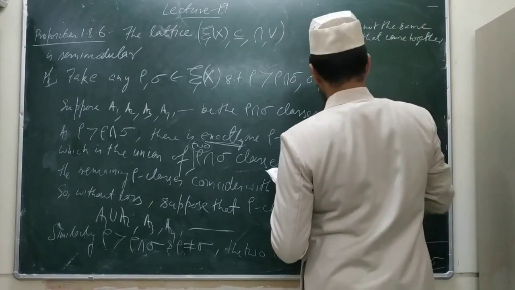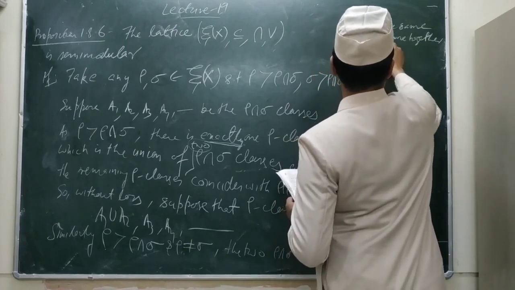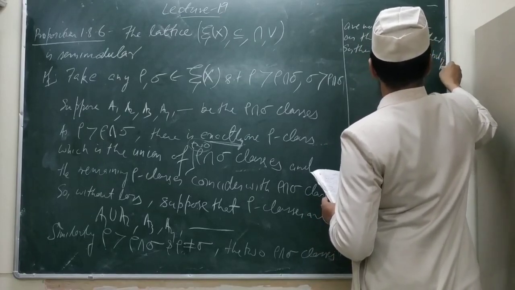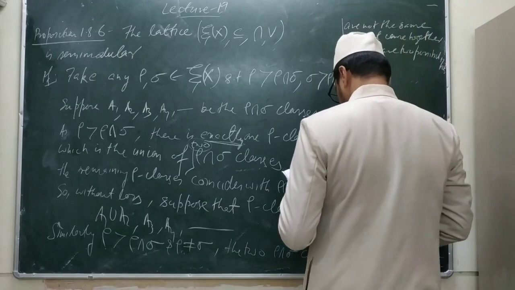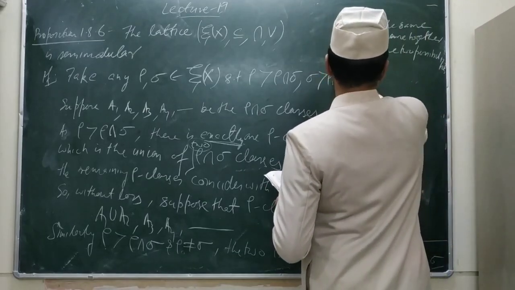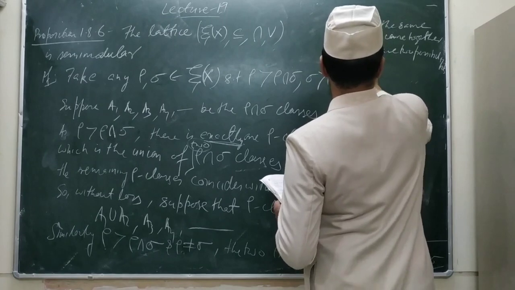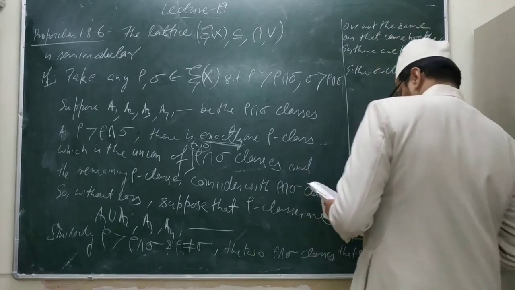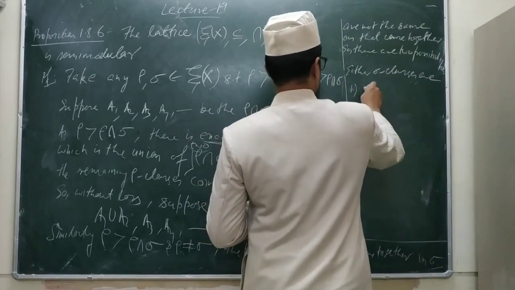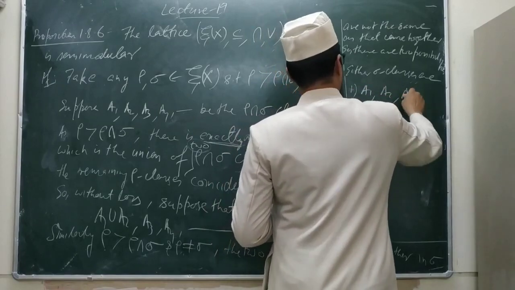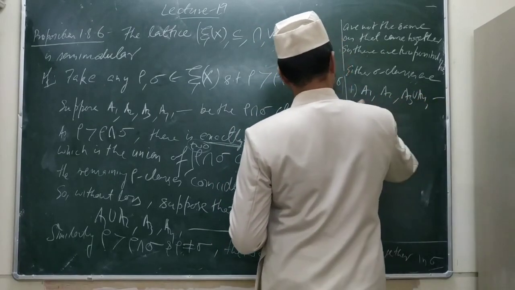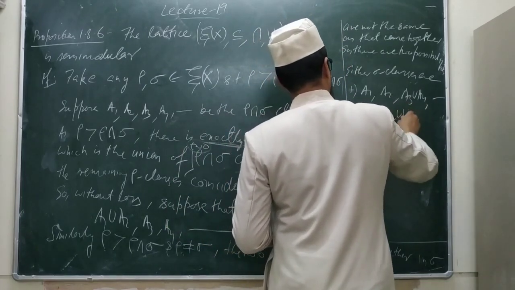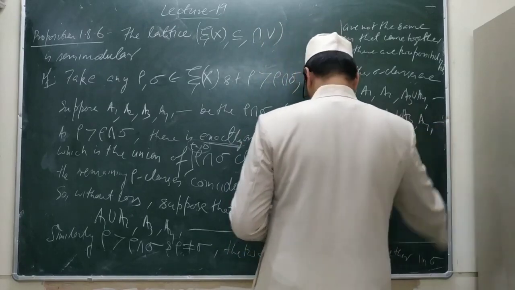So there are two possibilities. Either sigma classes are A1, A2, A3 union A4 and so on, or we take classes like this: A1, A2 union A3, A4, like this.